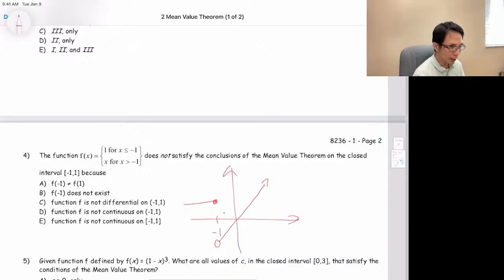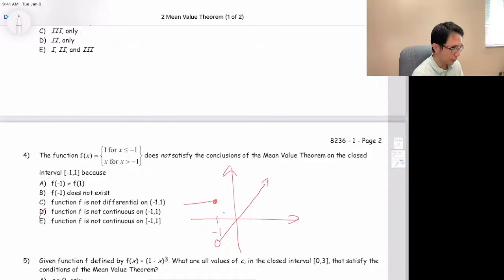So that does not satisfy the conclusion of the Mean Value Theorem on the closed interval from -1 to 1, because what? Not continuous. But D doesn't make sense, right? D says not continuous, but it is continuous on the open interval from -1 to 1, and continuous from the endpoints. So D is not right.